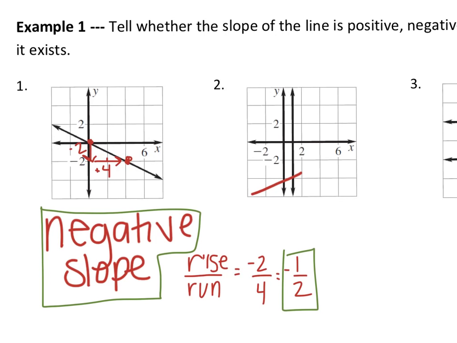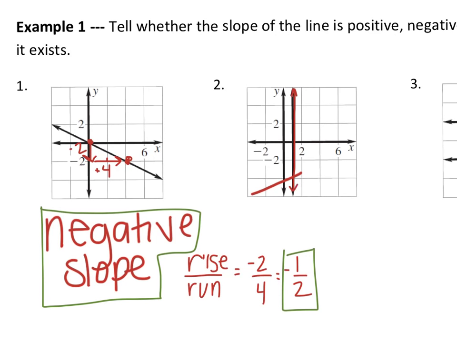Okay, so looking at this next one here, this is a little tricky to see. Which one's the axis and which one is my line? I think this right here is the line.